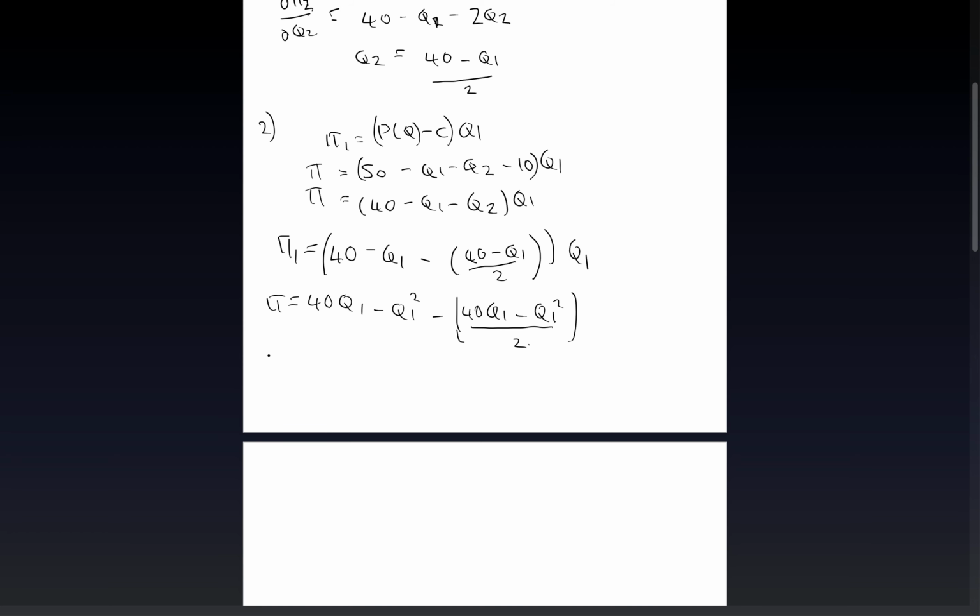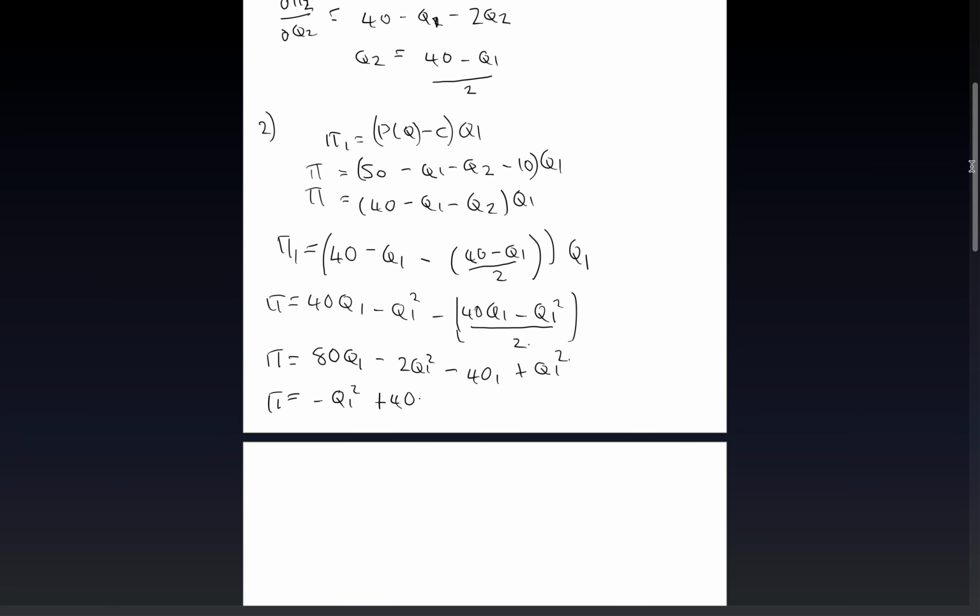And then we times them all by 2, so we know profit equals 80Q1 minus 2Q1 squared minus 40Q1, and then add Q1 squared. So then profit equals negative Q1 squared plus 40Q1.